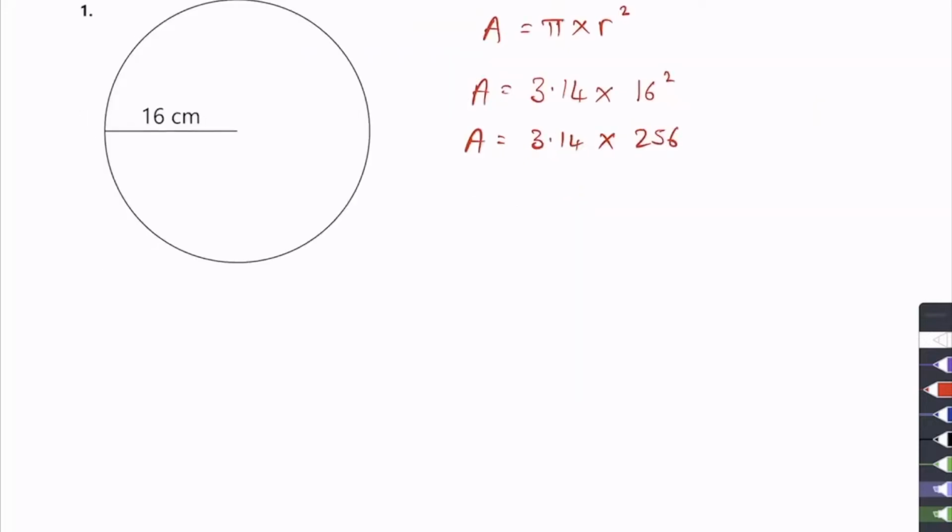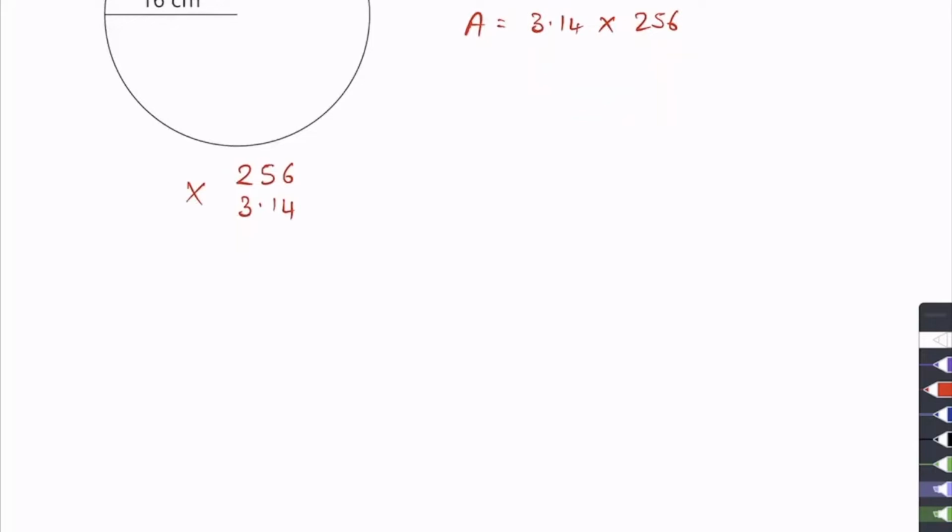Let's use column multiplication to work that out. So we have 256 times 3.14. Because I have three numbers that I'm multiplying with, the 3.14, I know that I need 3 lines of working plus my addition.